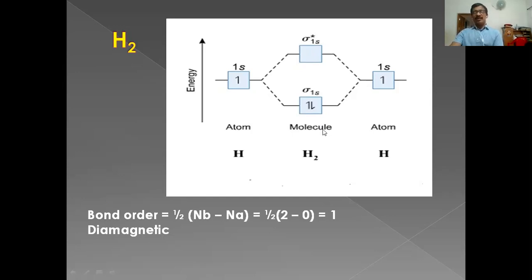Electron filling takes place in increasing order of energy of molecular orbitals. First the electrons will enter sigma 1s. Here there are only 2 electrons, so this orbital will be filled and there is no electron in the anti-bonding molecular orbital. So bond order is half into Nb minus Na, equal to half into 2 minus 0, equal to 1. Since the electrons are paired, there is no unpaired electron, so it has diamagnetic property.